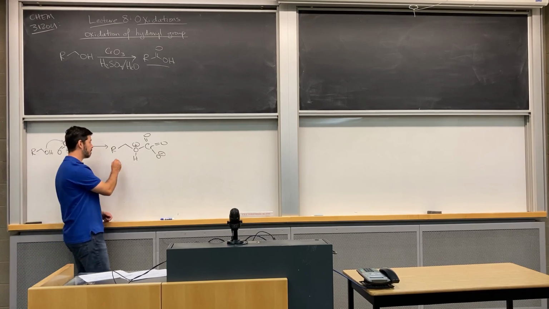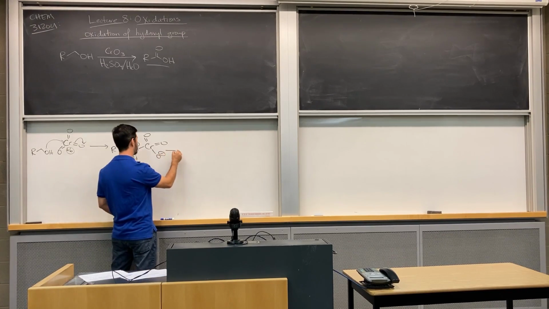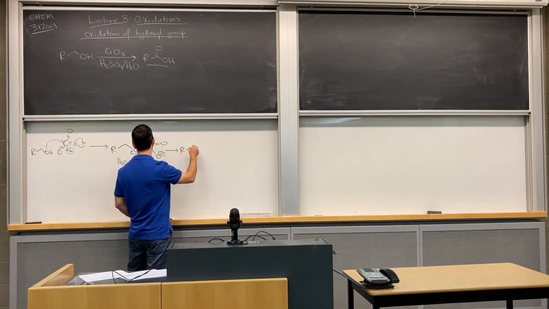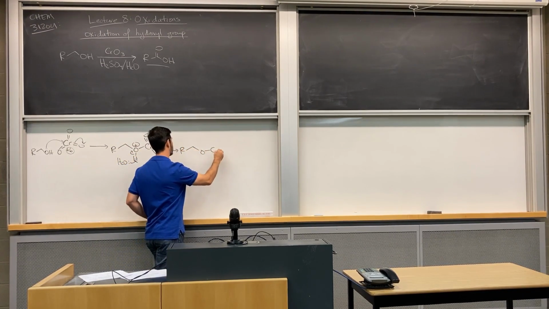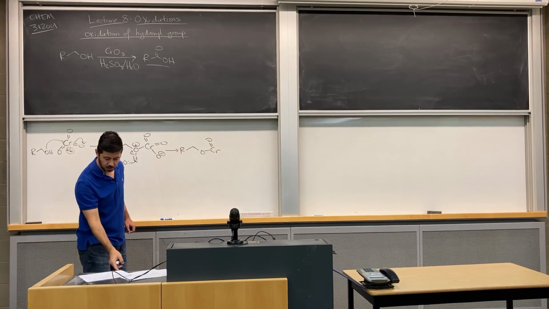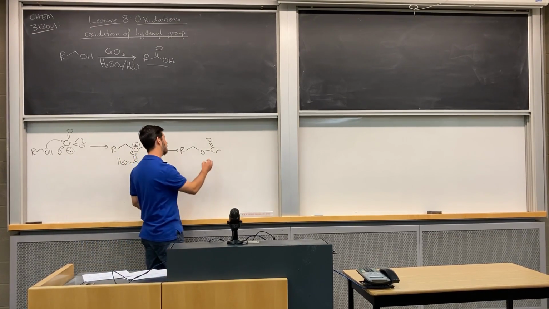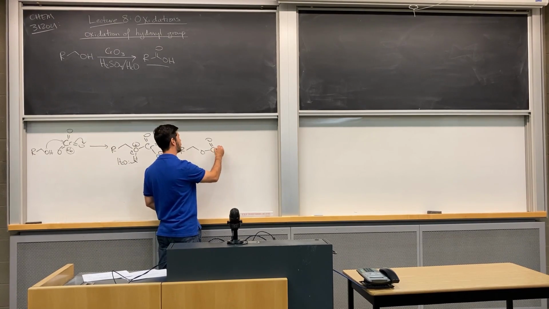So water is going to be around and can pick up that proton to generate this species here. And what I'll do is I'm going to draw this chromium in just a slightly different way. Actually, no, I'll just draw it the same way.